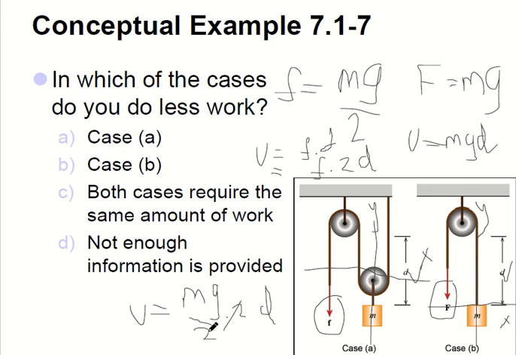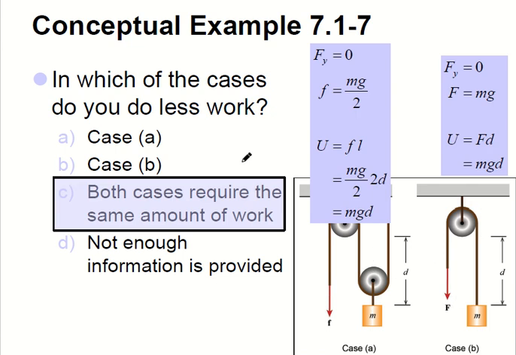So this 2 is going to cancel out, so you're going to be getting only mgd. So this one is correct. Both cases require the same amount of work because you end up getting mgd anyway. This is a single pulley system and this is a double pulley system, lifting double distance at the same time with half load on each pulley, and will give you the same amount of work.